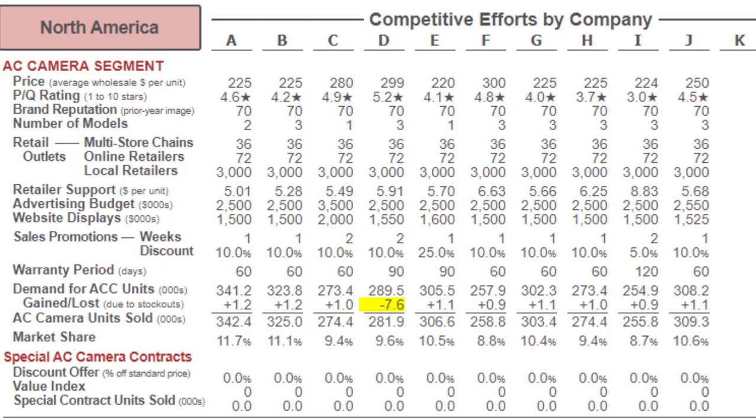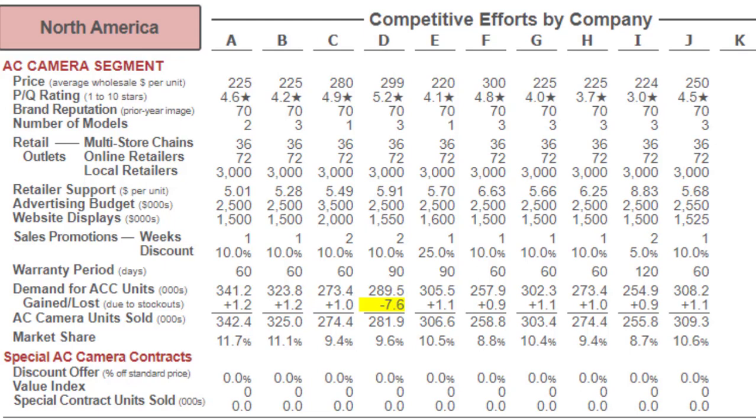But now if you look at D, under gains and loss, which is clearly highlighted, a 7.6 loss. So they may need to reevaluate their decisions that they chose for drones. Then we can jump over to I, and I has 8.7 in North America market share, so they're not too bad. They have a price at 224 and an image rating of 3.